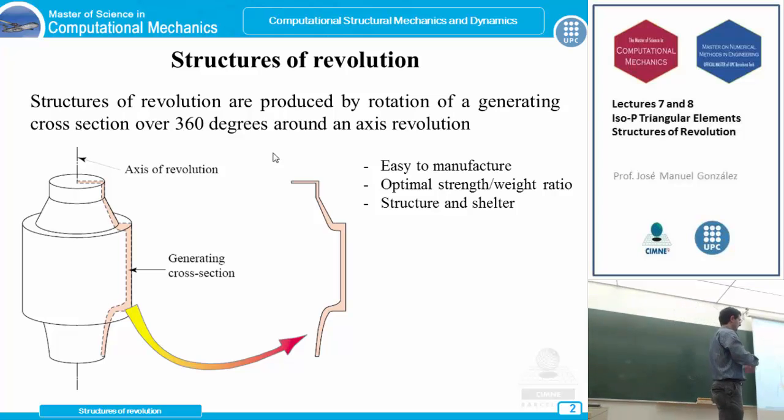And sometimes these structures of revolution are used as a structure, like a column, for example, and sometimes as a shelter, as a container for something, which is quite usual in structural analysis.